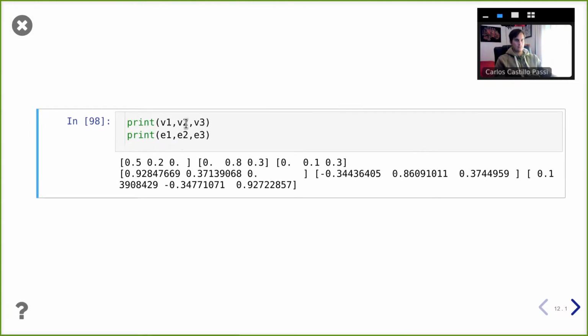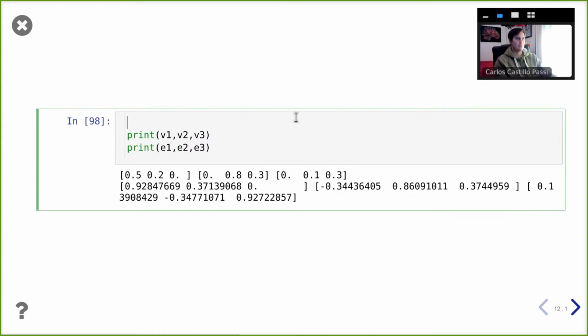And well, here you can see the numbers of each vector. Can I put it in a more friendly way? Let's see. From NumPy import concatenate.